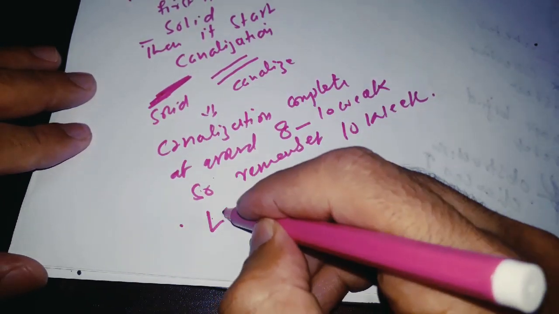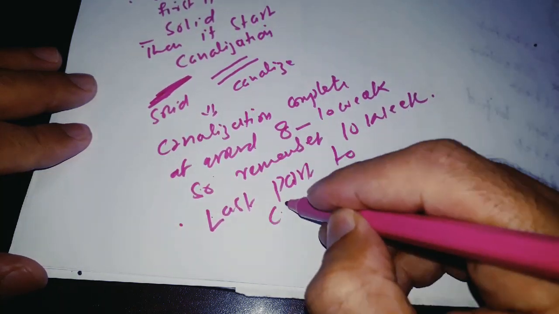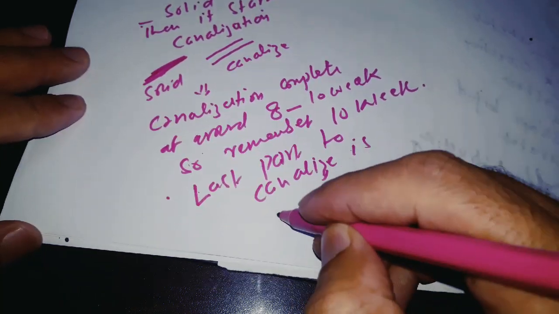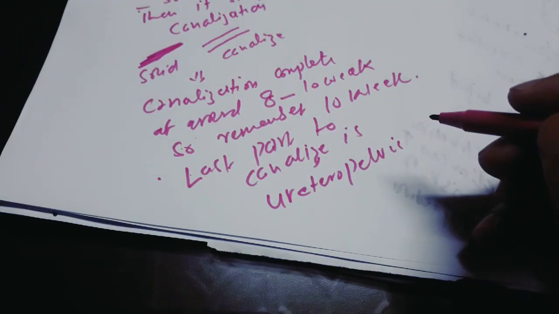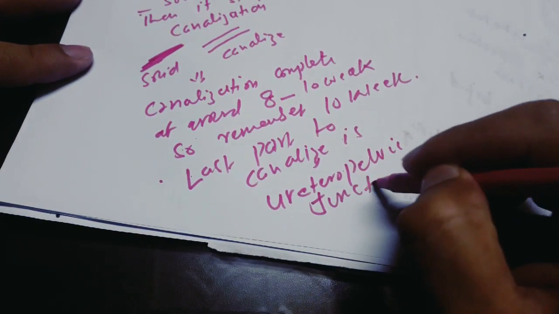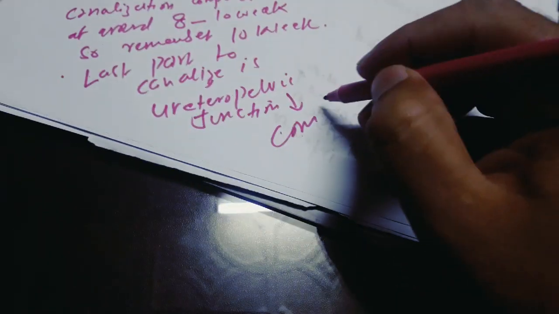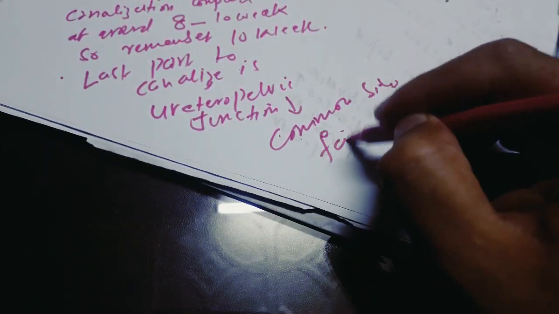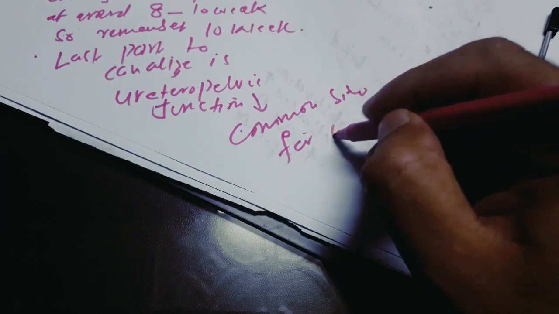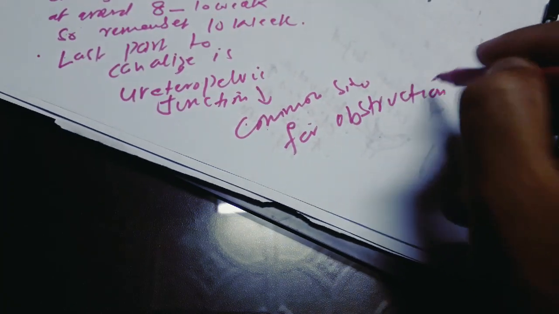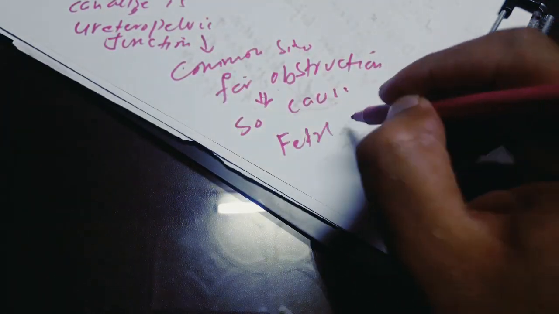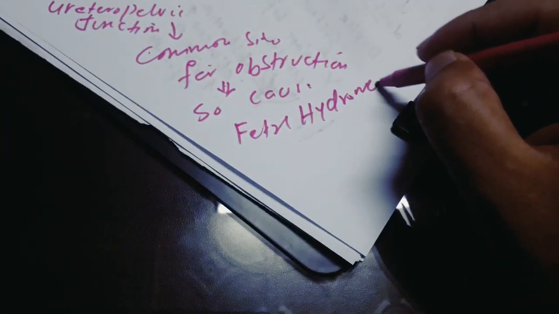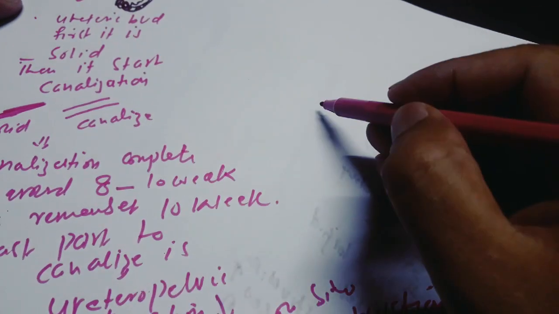The last part of the ureteric bud to canalize is the ureteropelvic junction. This ureteropelvic junction is the most common site for obstruction, and its obstruction will cause fetal hydronephrosis.